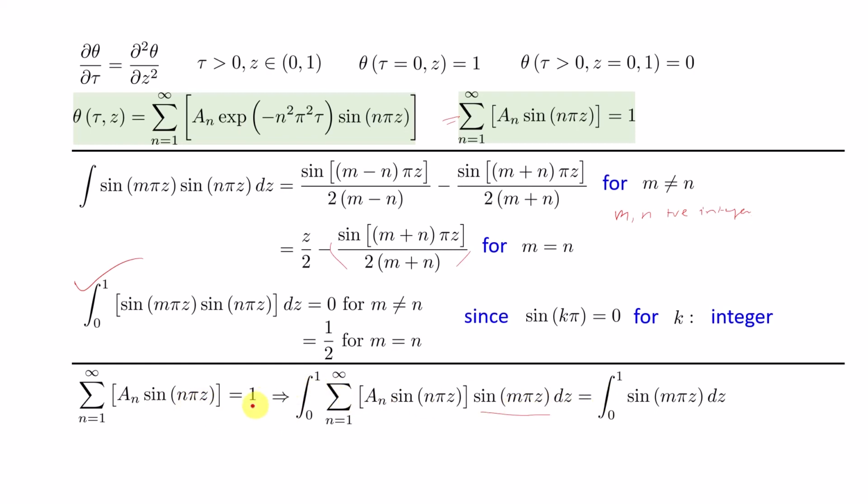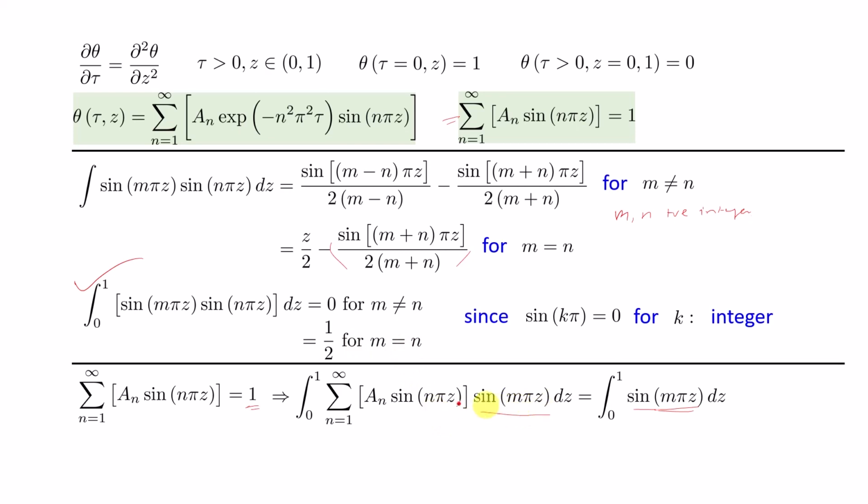On this side I had 1, therefore it is sine m pi z, and now I integrate between 0 and 1. On the left hand side, if m and n are not equal, this will go away and there will be simply 0. But if m and n are equal, this will be 1 by 2. In this series, n goes from 1 to infinity, so I am integrating each of these infinite terms in the series. But only one term will give me a non-zero value, where m and n match.